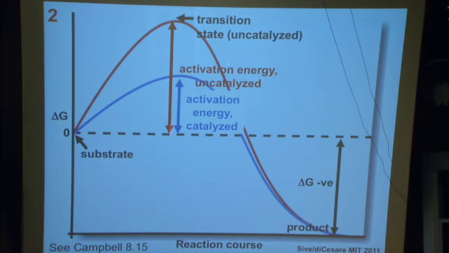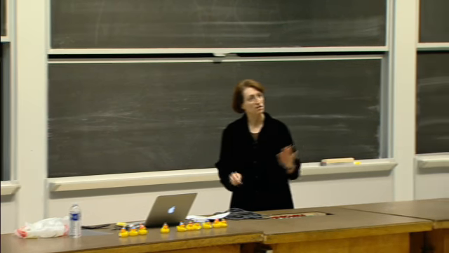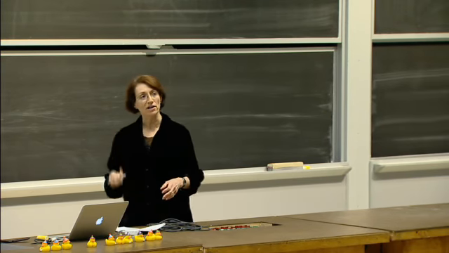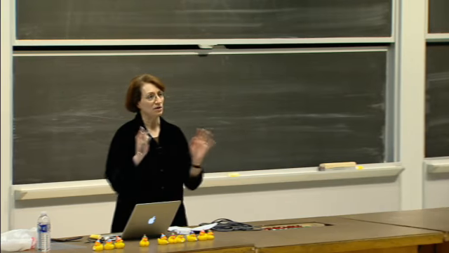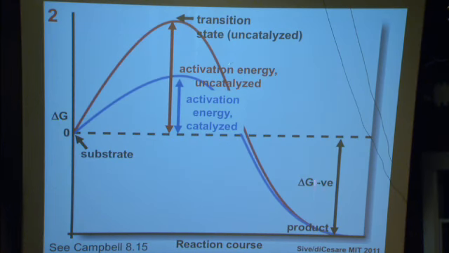The amount of energy you need decreases relative to the uncatalyzed reaction. So you decrease the little hollow in which the ball is sitting in order to get the reaction to proceed. But at the end, you land up with exactly the same reaction as you would have if it were not catalyzed. All right.